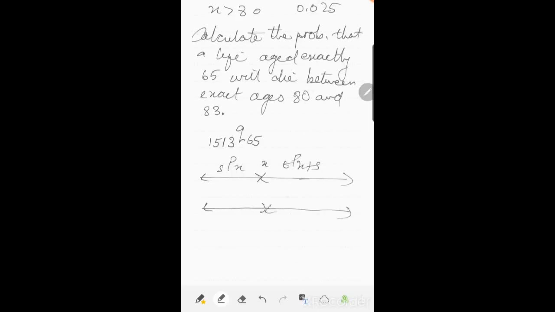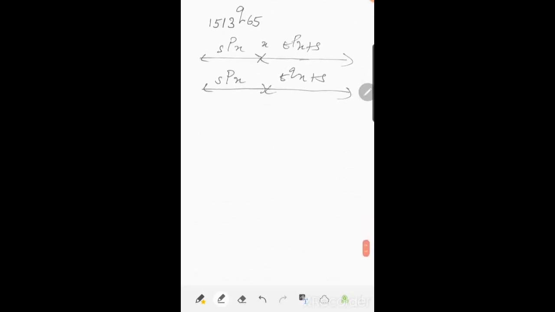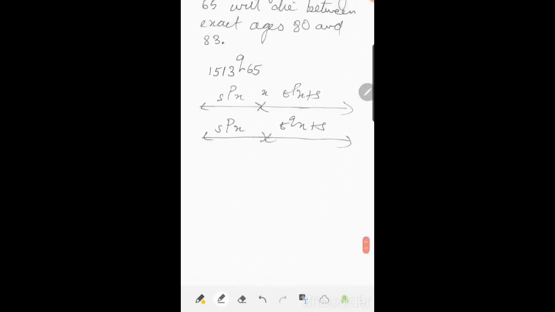We will die between 80 and 83. So t q x+s represents 80 and 83. But this person is still alive, so we say sPx. Yeah, this makes sense now. So this is just the multiplication.